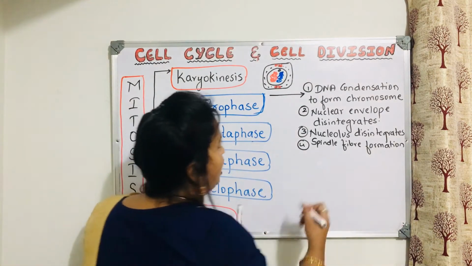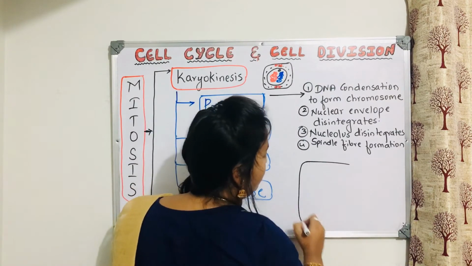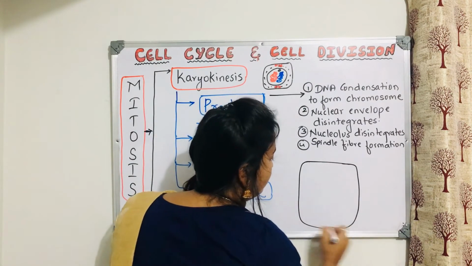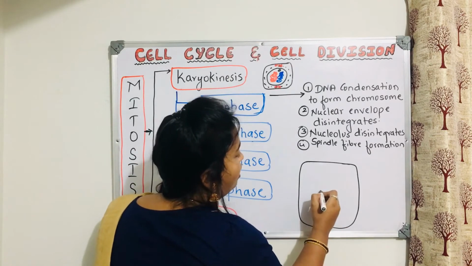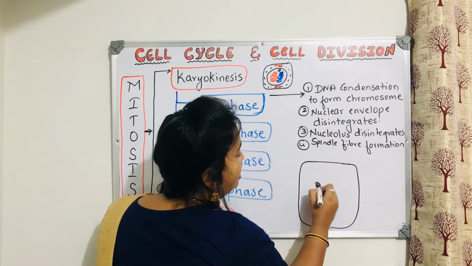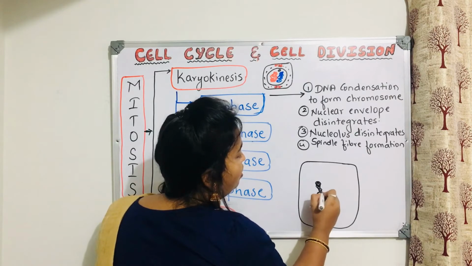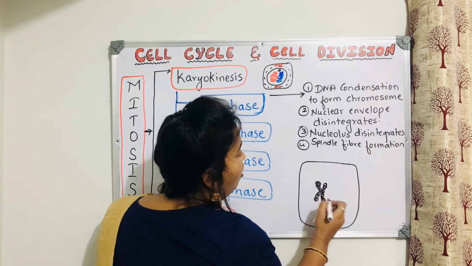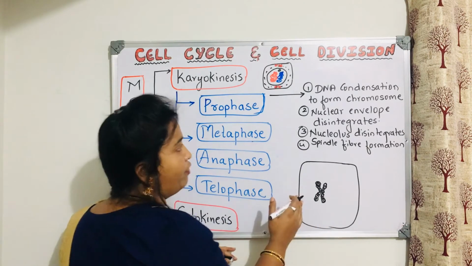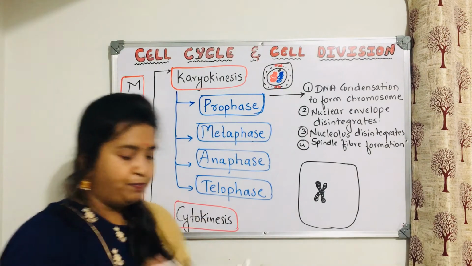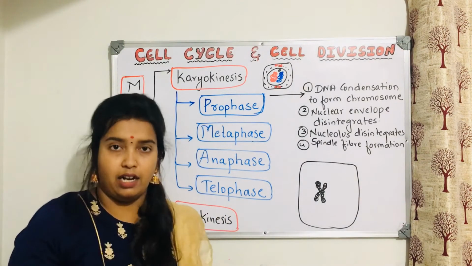So I can show like this that DNA is starting to form, it is condensing to form the chromosome. It's not a complete chromosome in the prophase, that means condensation has started.